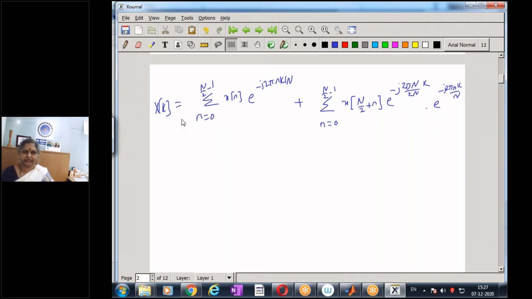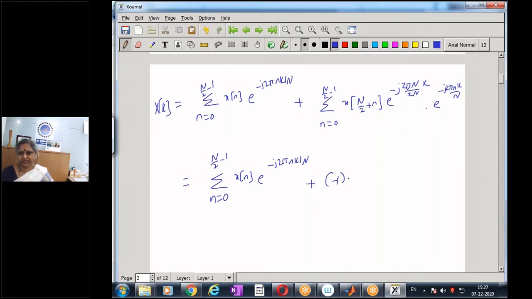So now what we have is x of k equal to sigma n equal to 0 to n by 2 minus 1 x of n e to the power of minus j 2 pi nk by n, plus, and this one reduces to minus 1 to the power of k.